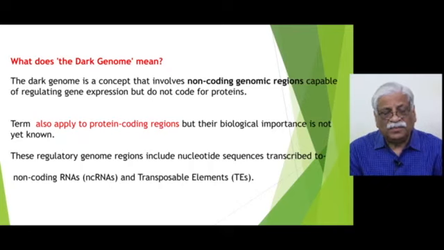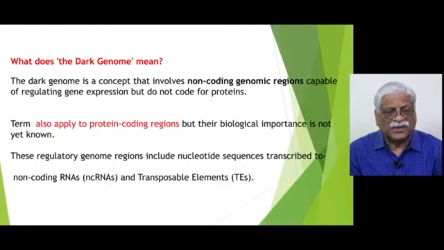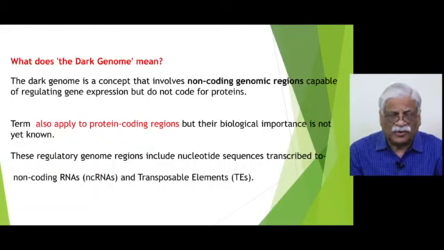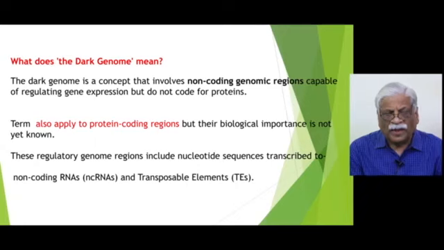The regulatory regions include a large number of nucleotide sequences which are transcribed in the cell, or transcribed means they are interpreted into another sequence which is known as non-coding RNA. I already told you in my first lecture that RNA is always formed on a DNA by a process called transcription. In these regions, some special elements are there. Elements, I mean to say, are small sequences. They are known as transposable elements.